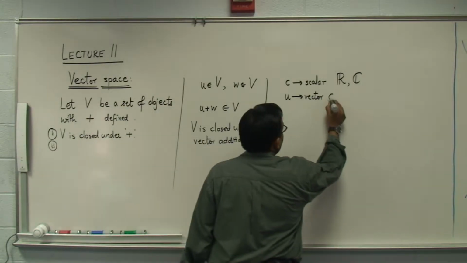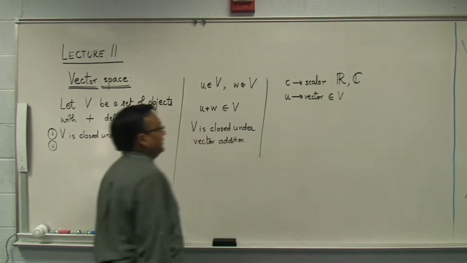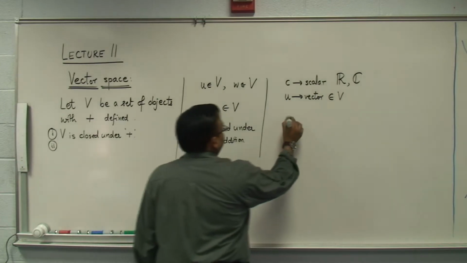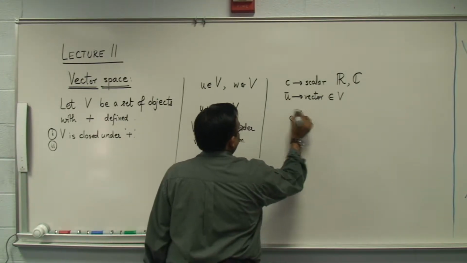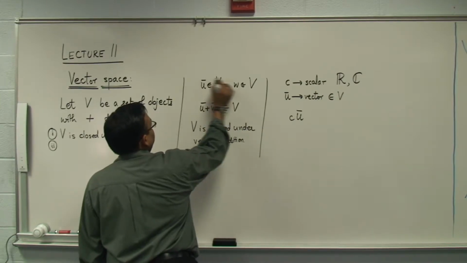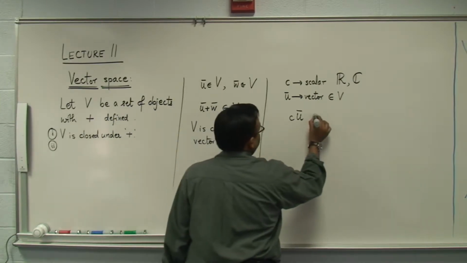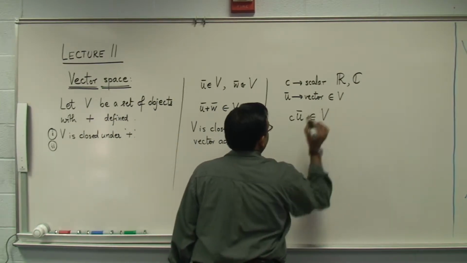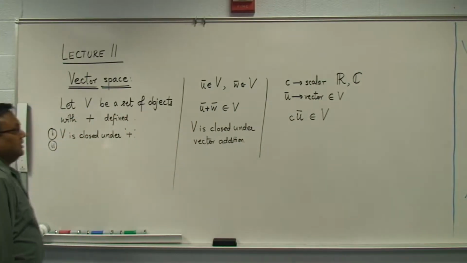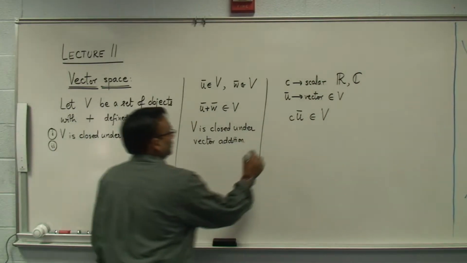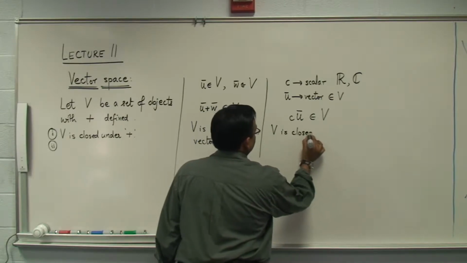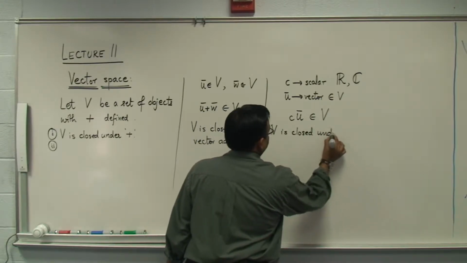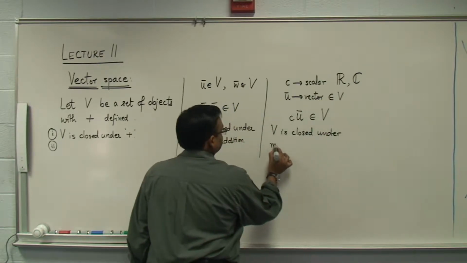And this vector has been picked up from the vector space V. So we are saying for any scalar C and any vector U, C times U also belongs to the same set V. Then we will say the set is closed under multiplication by a scalar.